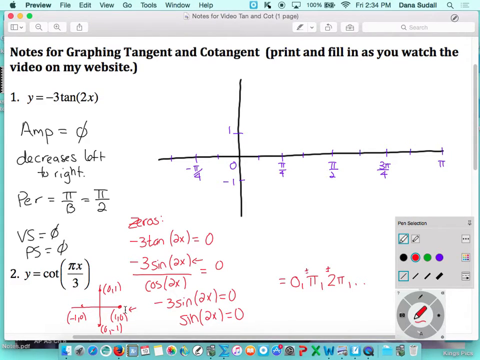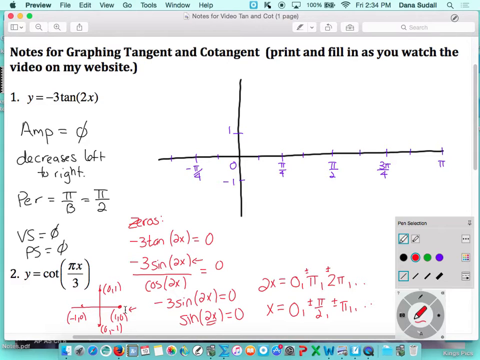And it would be plus and minus as well. That equals our angle, which is 2x. So to solve for x, I would have to divide everything by 2. So all the multiples of pi over 2 is where these zeros are going to occur.